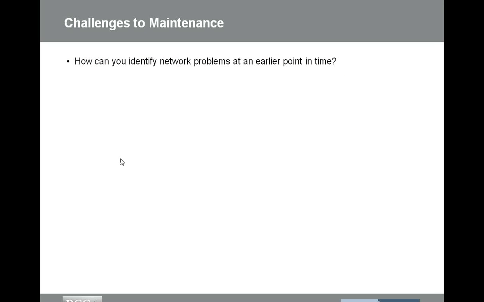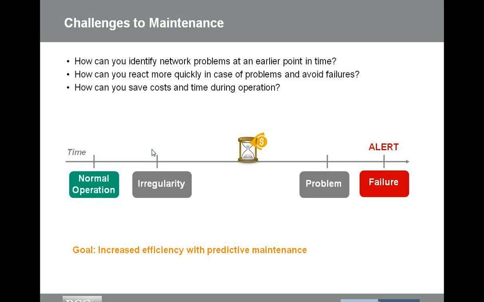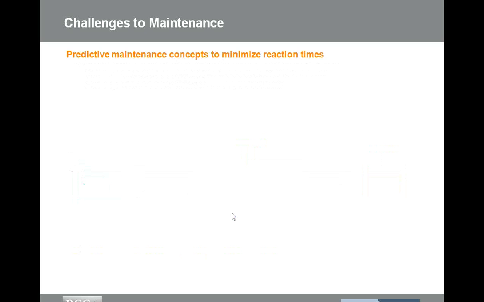So how do we identify the network problems at an earlier point in time? How can we react more quickly in case of problems and avoid failures? And how do we save costs and time during operation? If we really look at that, we're trying to circumvent and eliminate this end here, the problem and the failure, by predictively determining if there's an issue.